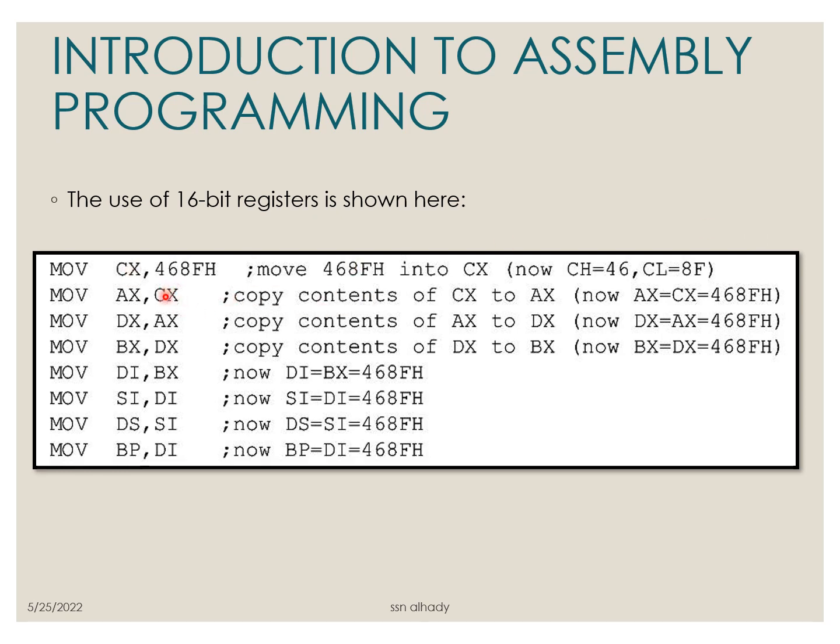You move 468F hex into CX, where CH, the higher 8 bits, contains 46, and CL, the lower 8 bits, contains 8F in hex. It is the same for the others.